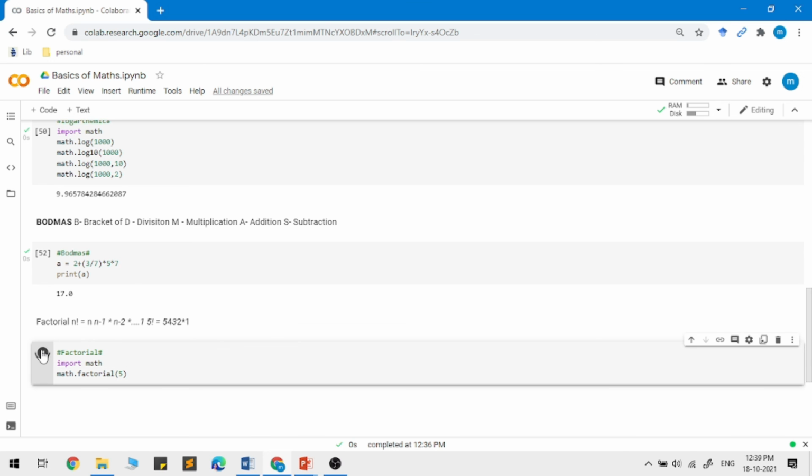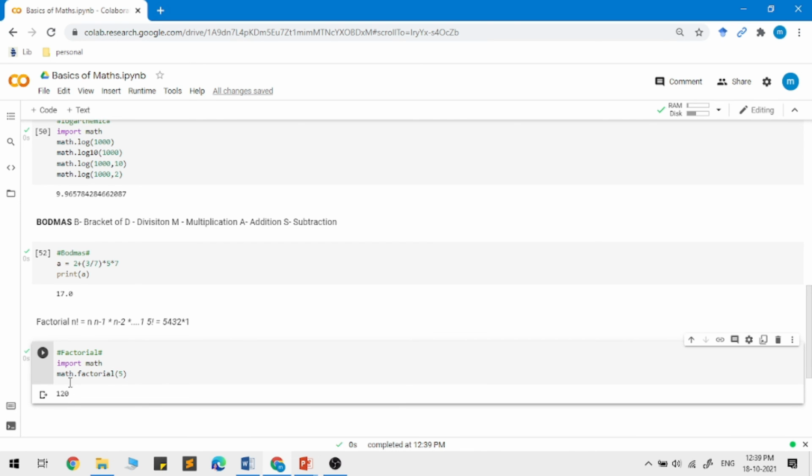So we can check whether we are getting the same value, that is 120. Suppose you want to do it for higher values, for example 60. It gives a huge number, which you can see on the screen, right?